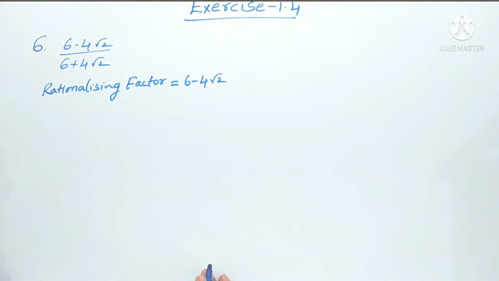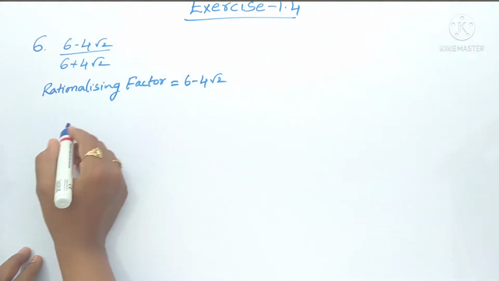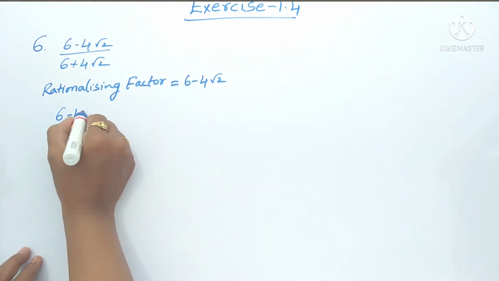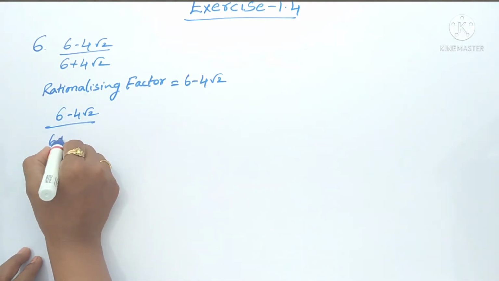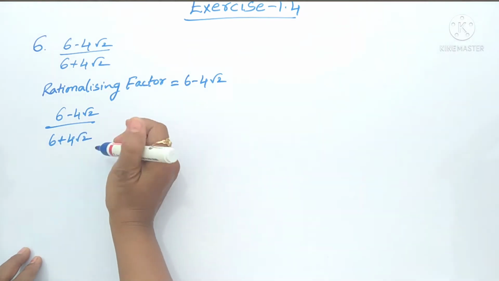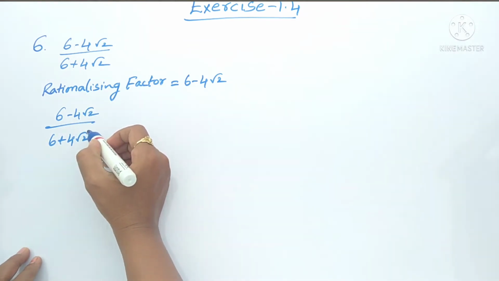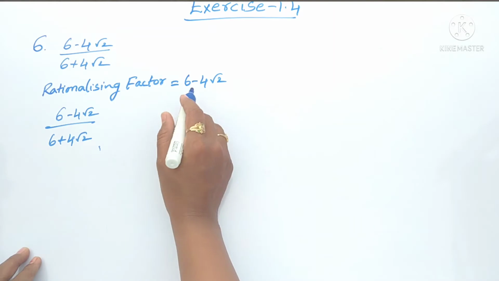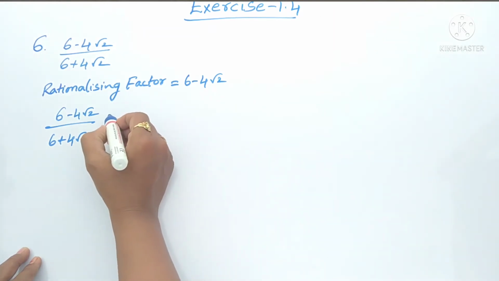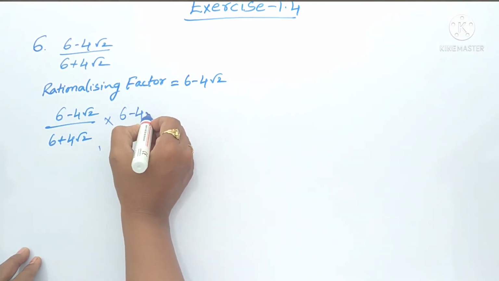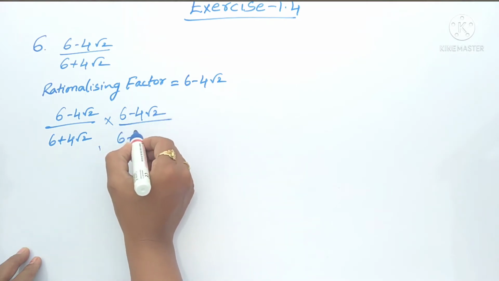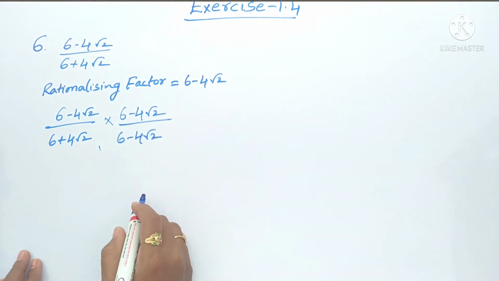Okay. Now we have to do rationalization. So 6 minus 4 root 2 by 6 plus 4 root 2. Both numerator and denominator we have to multiply with this rationalizing factor. Okay. So into 6 minus 4 root 2 by 6 minus 4 root 2.